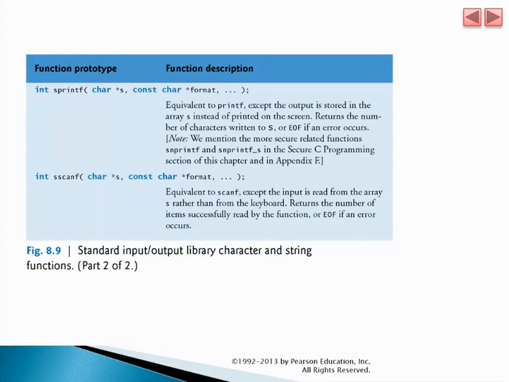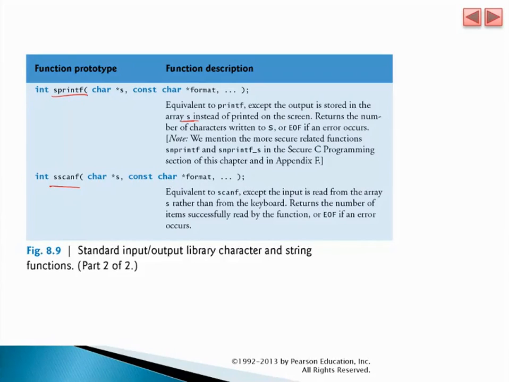Then we have sprintf and sscanf. So instead of printf and scanf, we also have sscanf and sprintf. What these two are doing is this: sprintf is equivalent to printf, except the output is stored in the array s. In case of printf, whatever we print, it will get printed on the screen.